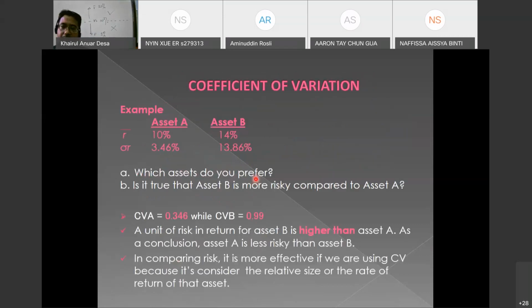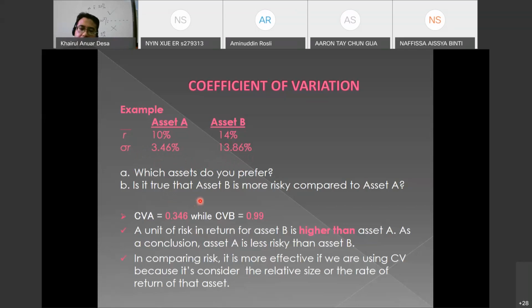Okay, from the calculation, we see here asset A 10% expected rate of return, asset B 14%, and the standard deviations are 3.46 and 13.86. The answer is consistent with the standard deviations.